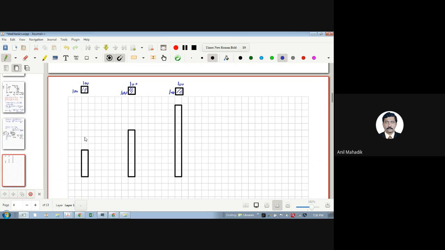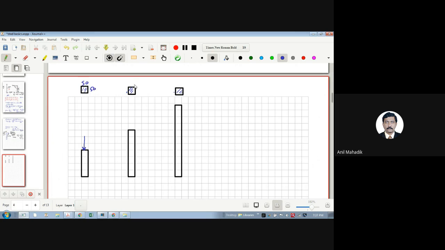And let's say we have a compressive force here of 10 kilonewton. Or, in steel actually 100 by 100 is quite a big number, so better let me assume 50 by 50.